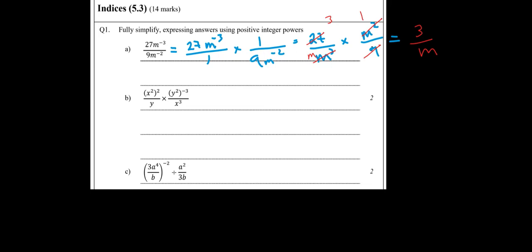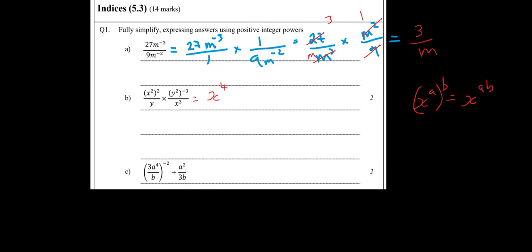Okay, so let's work out the parentheses first. So we're using the power of a power rule, so this is just x to the a, all to the b, is x to the ab.